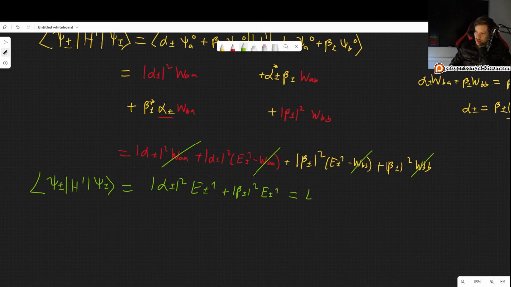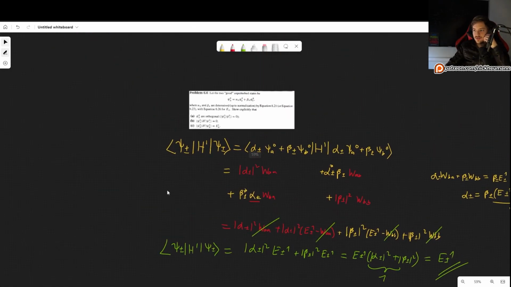So we can factor out E plus minus 1, which gives us the modulus of alpha plus or minus squared plus beta plus or minus squared. But this is 1, right? Because this is the probability of finding the particle in state A, probability of finding the particle in state B. If you take both of them, you get 1 because it's the only two probabilities. And then we have, right, that this is simply the energy. And there we go. We have now proven the final step.